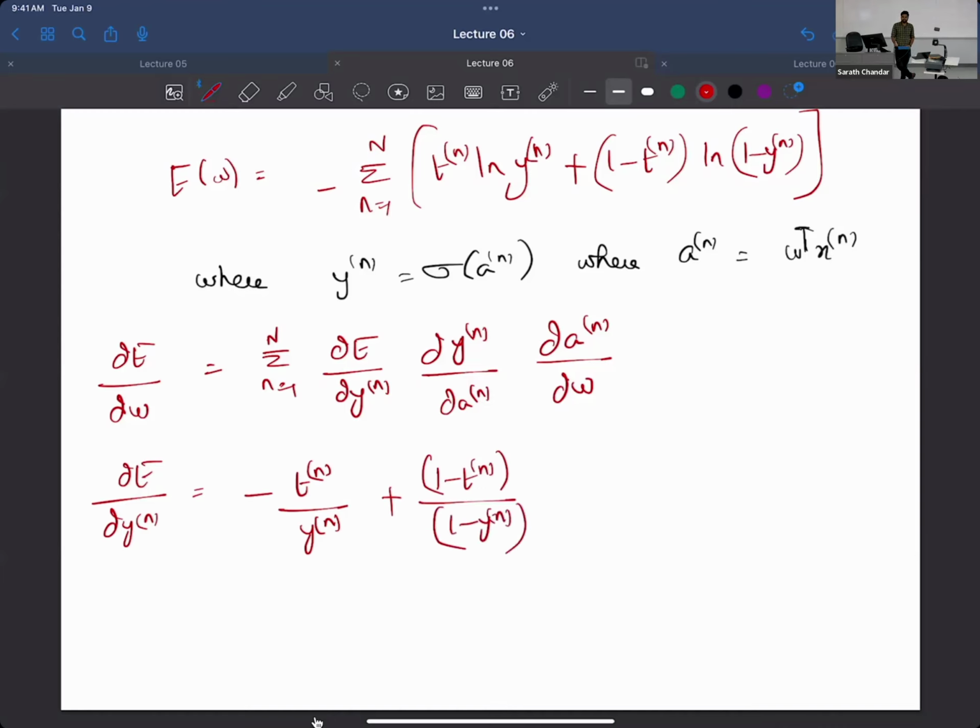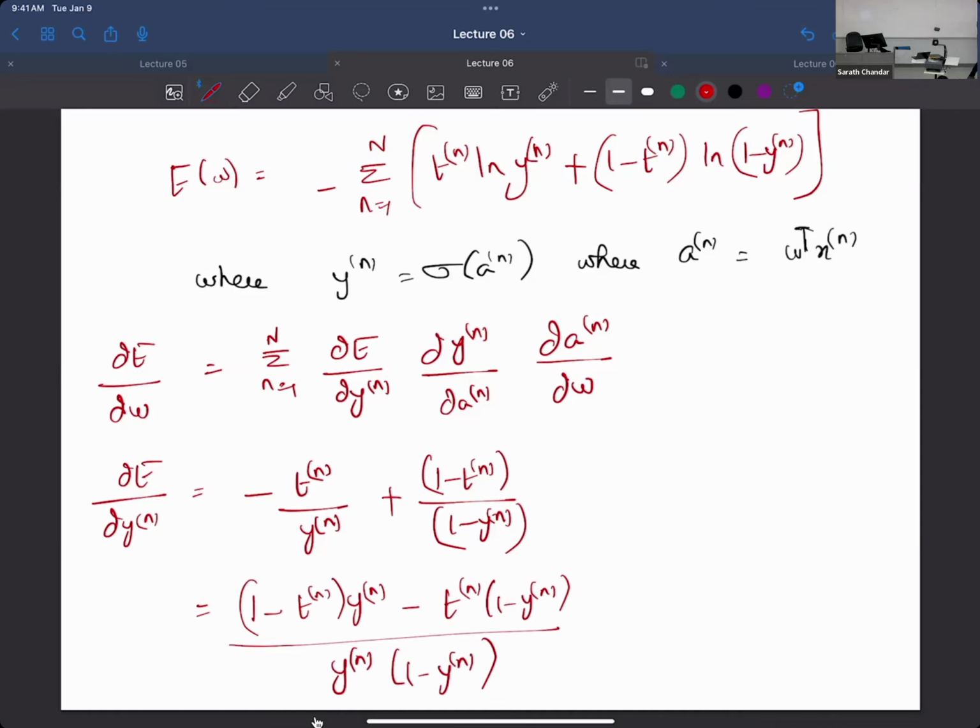I'm putting a plus here because the minus times the minus that comes from the differentiation becomes plus. So this I can write as (1 minus Tn) times Yn, minus Tn times (1 minus Yn), divided by Yn times (1 minus Yn).